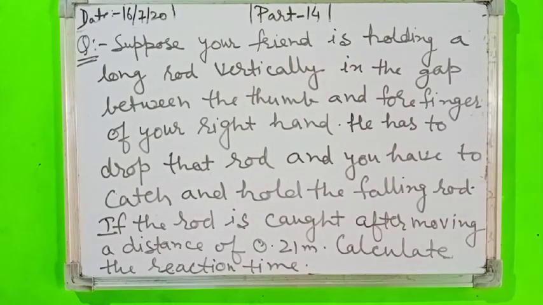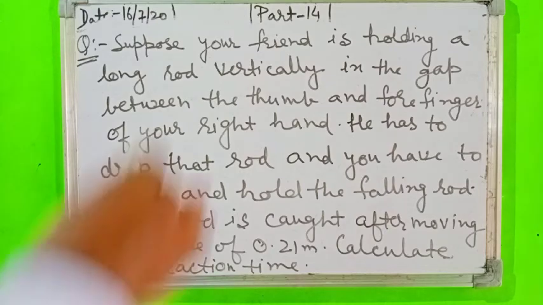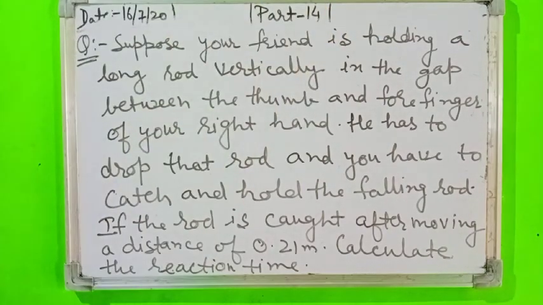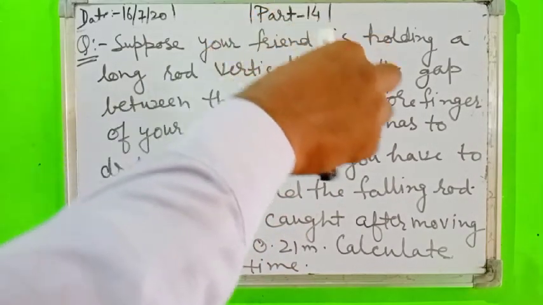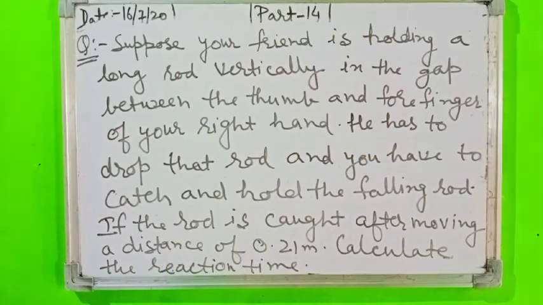Yes, dear students, now the question is in front of you. A situation is given to you, and based on this situation you have to calculate the reaction time. Suppose your friend is holding a long rod vertically in the gap between the thumb and the forefinger.